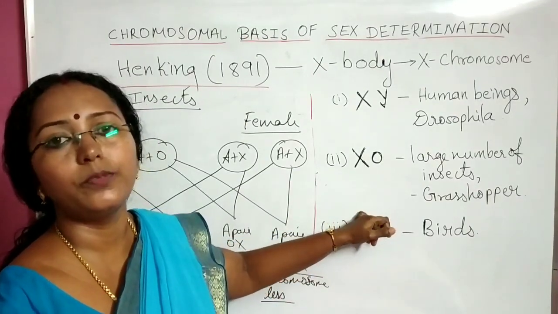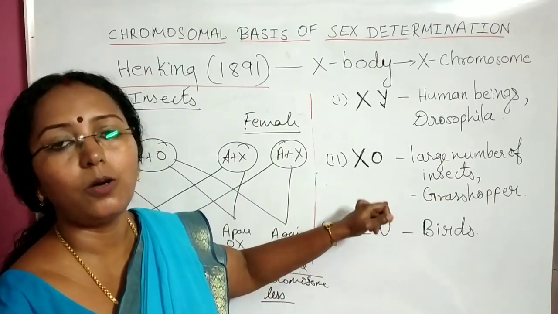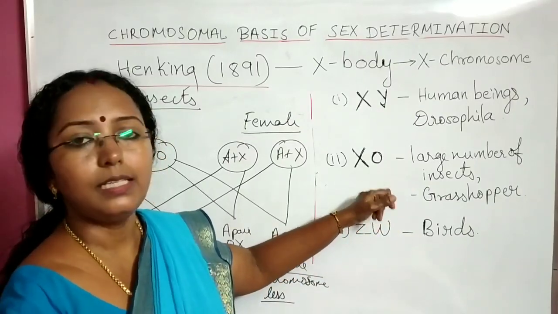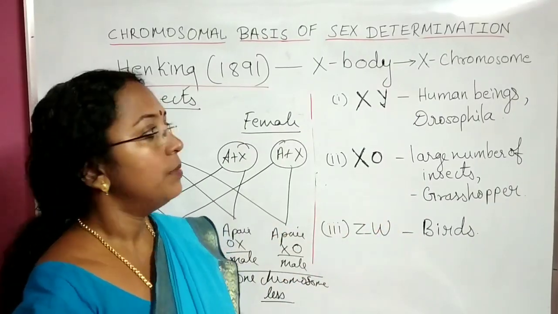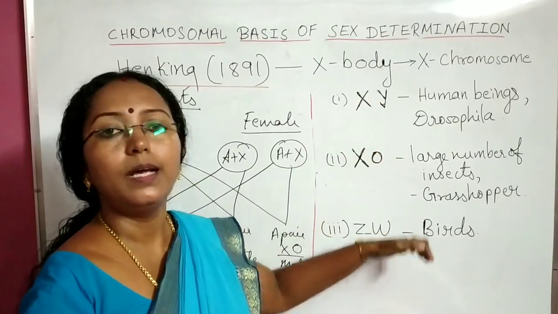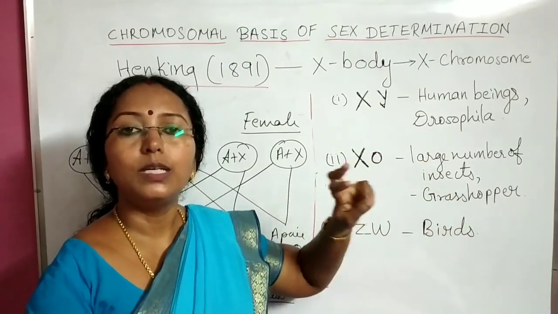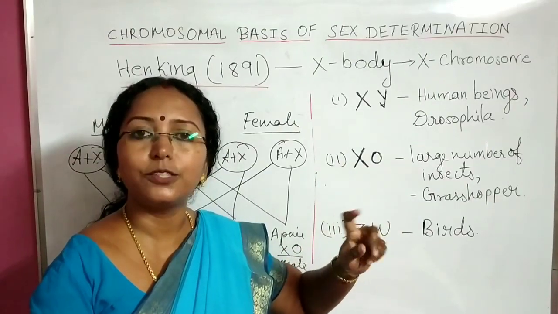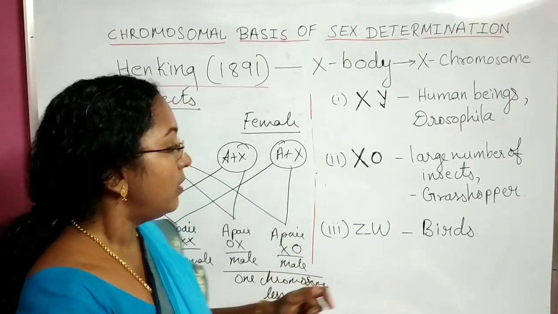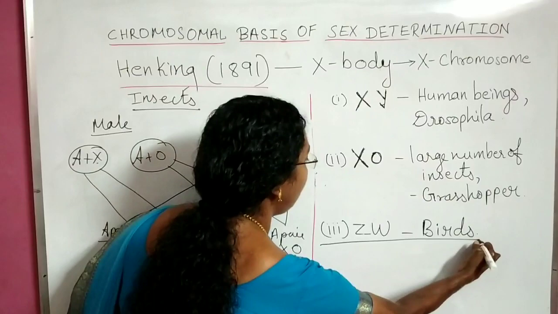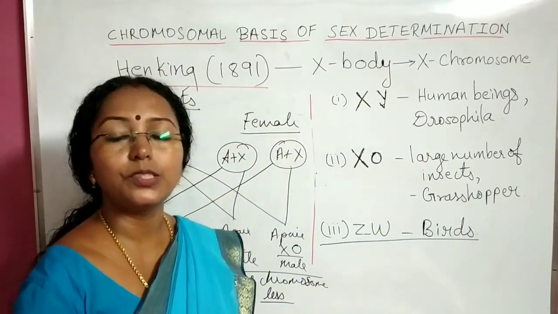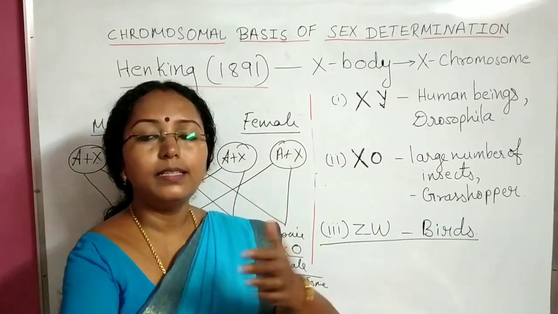So 1 chromosome will be missing, absent or less in the case of insects, grasshopper. But in both cases, what is shown? Male heterogamety is shown. Males are producing 2 different types of gametes.